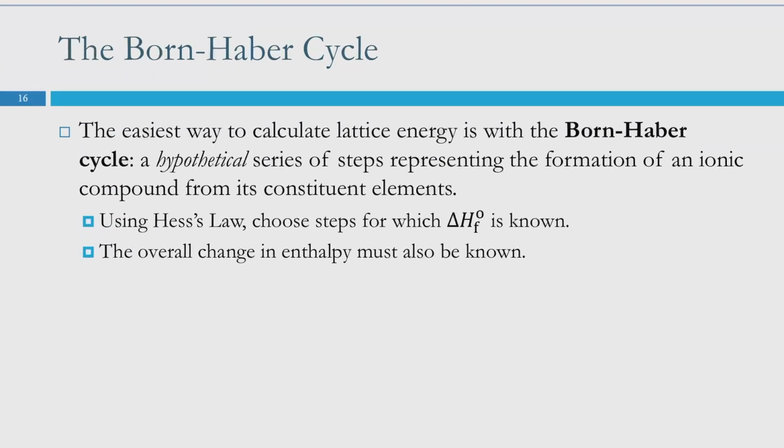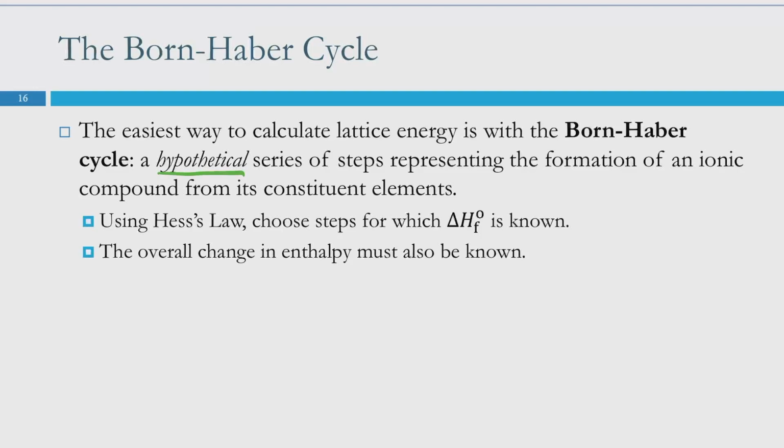Any questions about the lattice before we move on to the beloved Born-Haber cycle? All right, the Born-Haber cycle is a way to calculate lattice energy. So we can take a hypothetical, theoretical, not real, a predicted, projected series of steps.